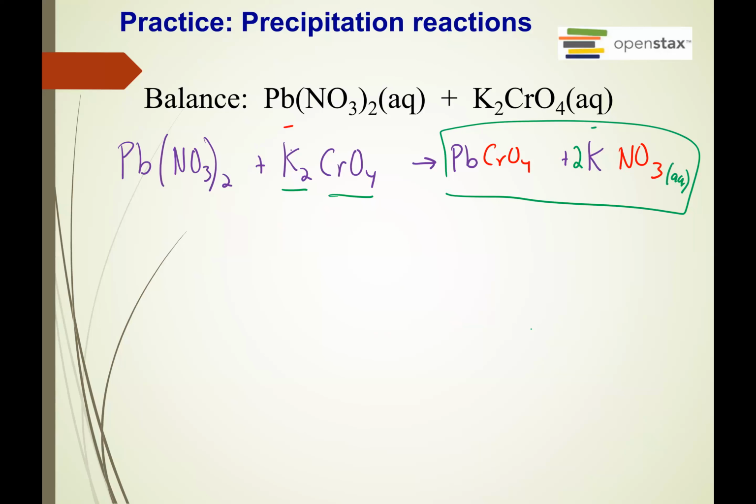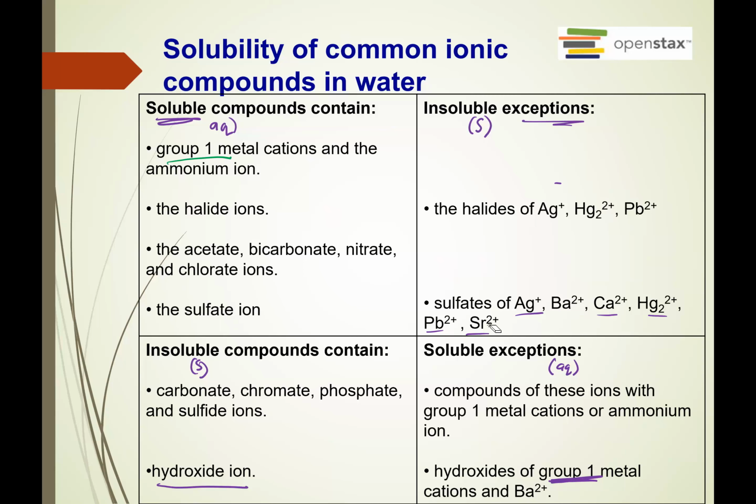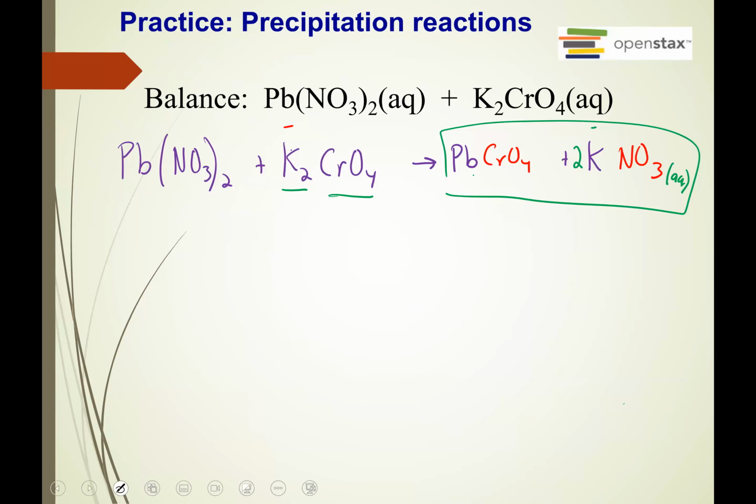Okay, let's look for chromate or lead. Do you see chromate anywhere here? Oh, there's the word chromate. It's insoluble unless it has a group 1 metal or ammonium. That is not a group 1 metal or ammonium.